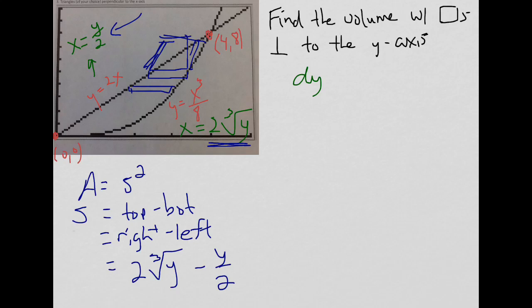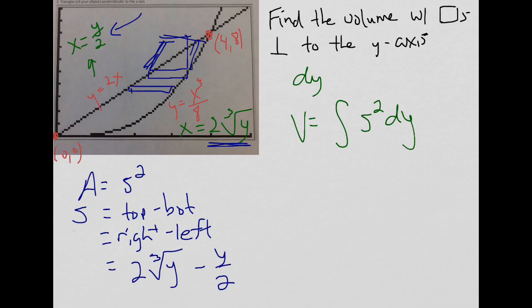I write them in terms of y because I'm going to integrate with respect to y. So that's my side length. My area is side length squared. So I can go ahead and set up a volume equation. Volume is the same thing as the other one. It's the integral of side length squared dy in this case.